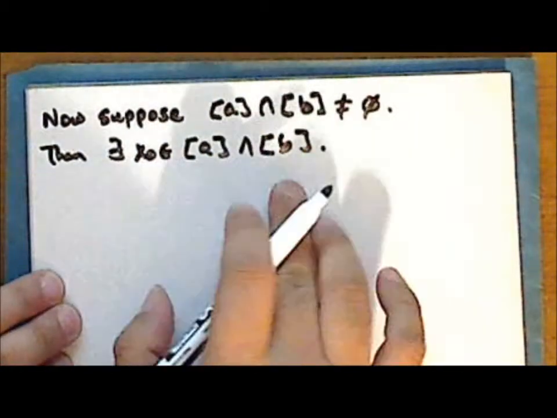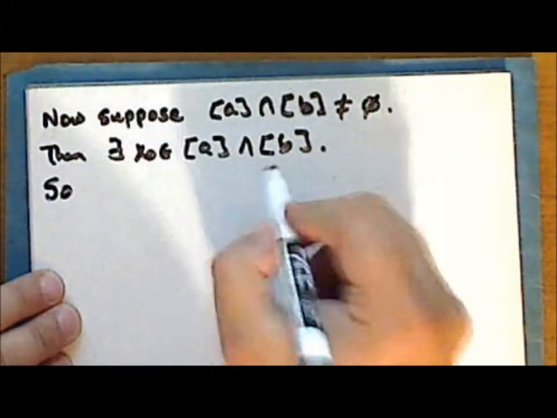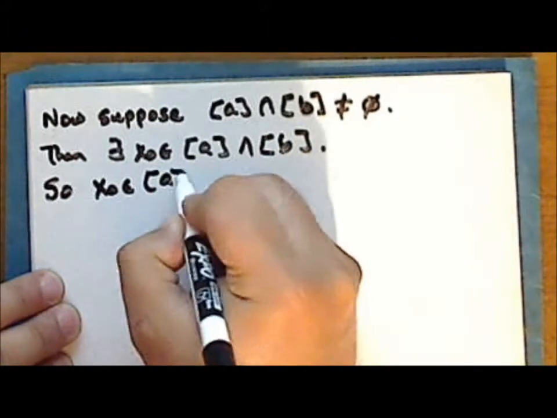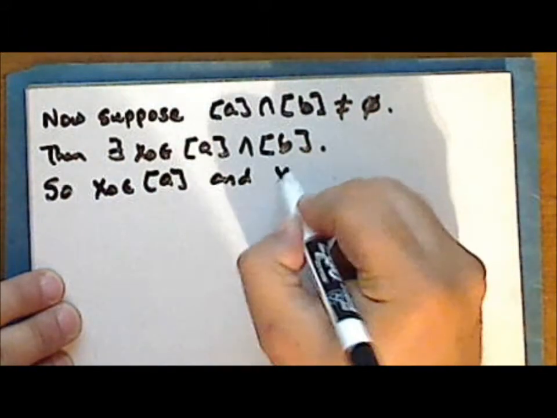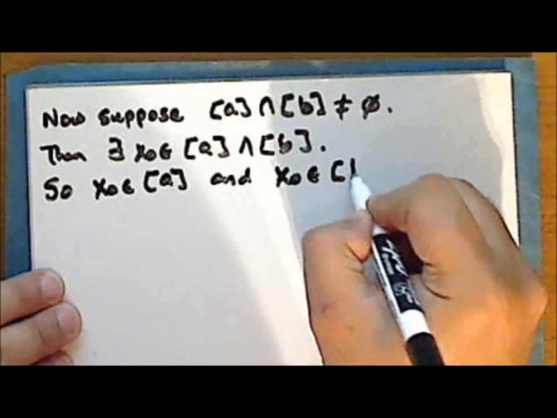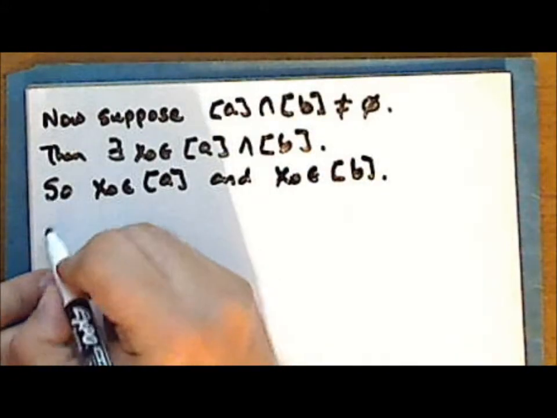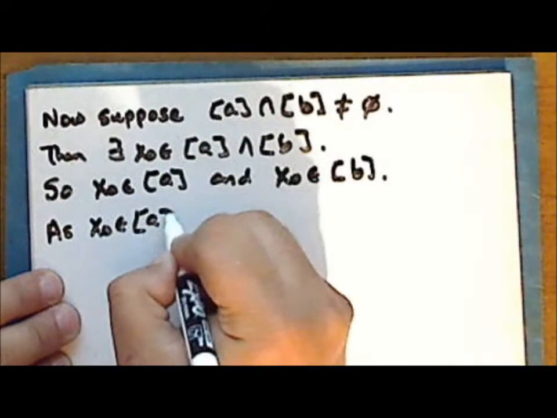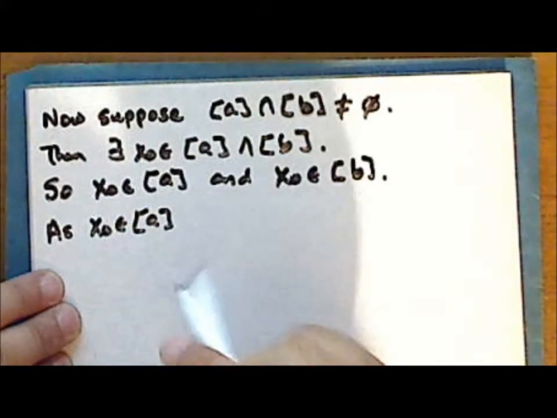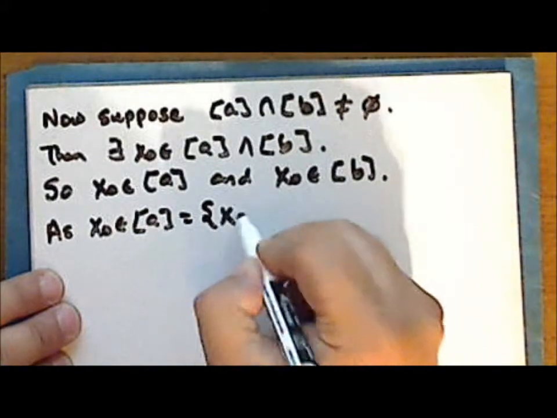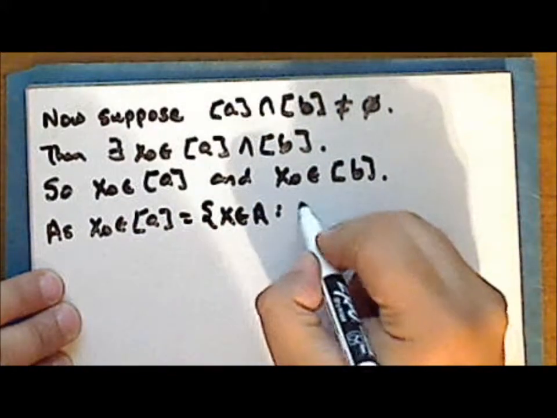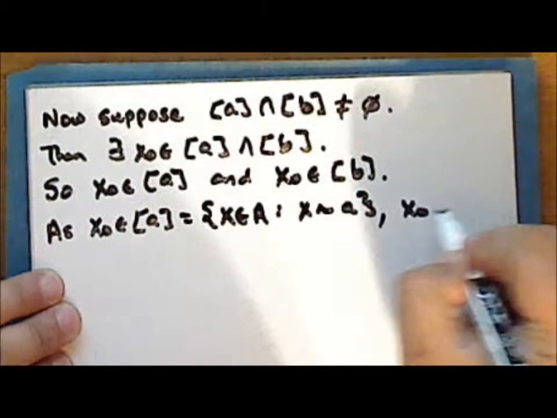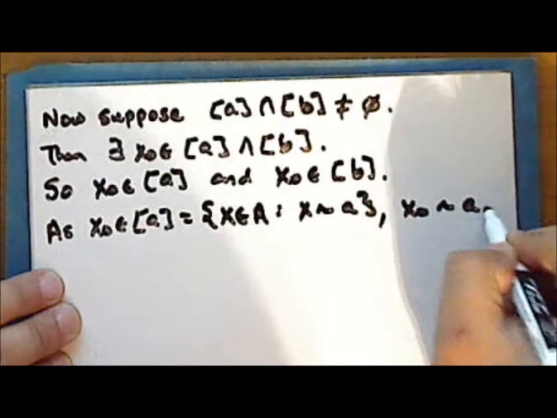As this element is in the intersection, it is in each of the equivalence classes. As x naught is in the equivalence class containing a, which is the set of all elements in the set A that are equivalent to a, we have that x naught is related to a.